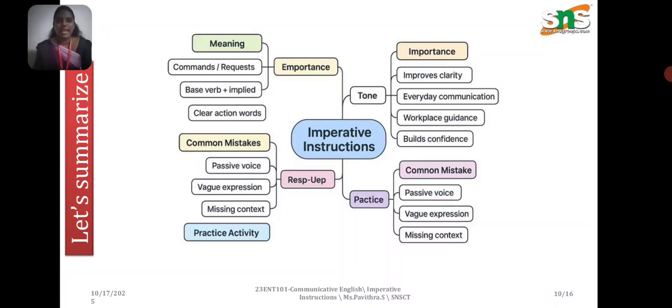That improves clarity in everyday communication and workplace guidance, and it can also build confidence. So this is the summary of imperative instructions.